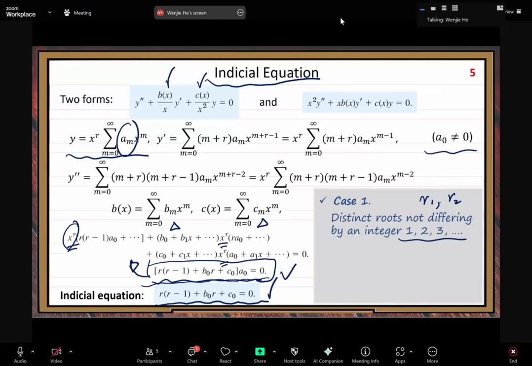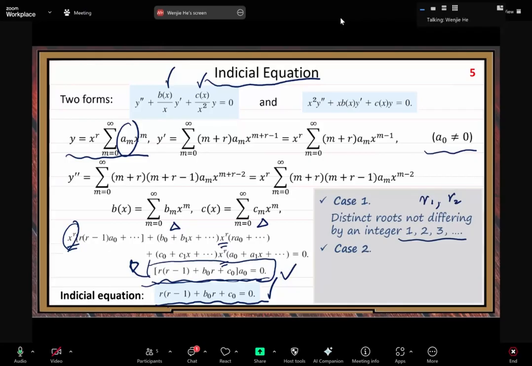That's the simplest case. Then you just plug in R1 to find the Y1 solution, and plug in R2 to find the Y2 solution.